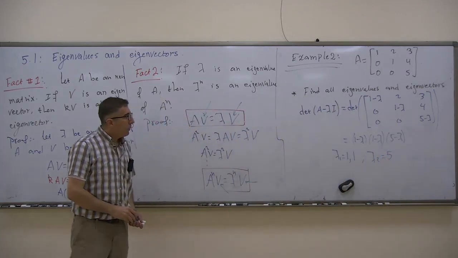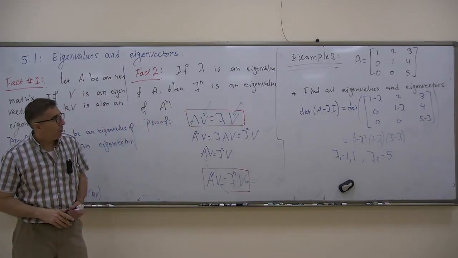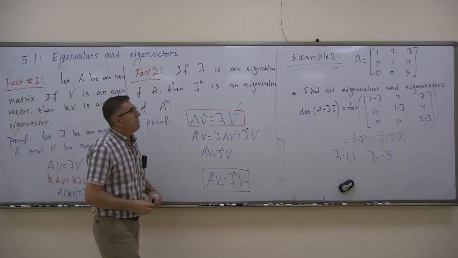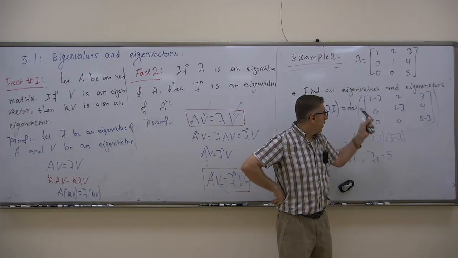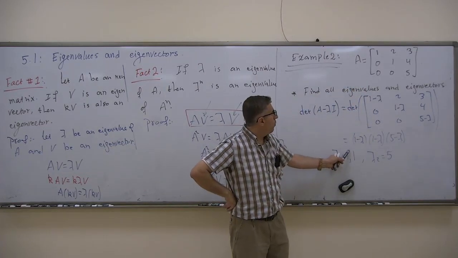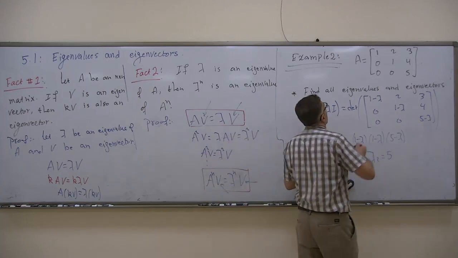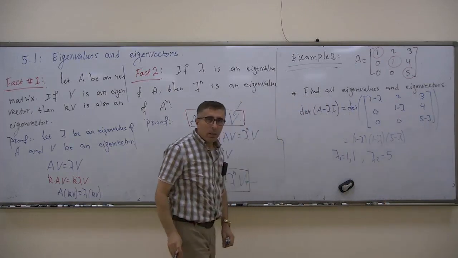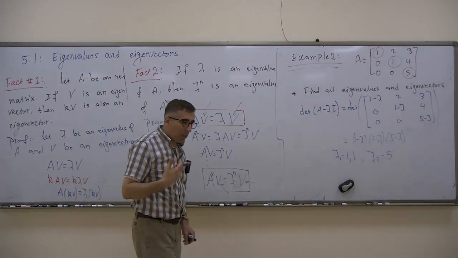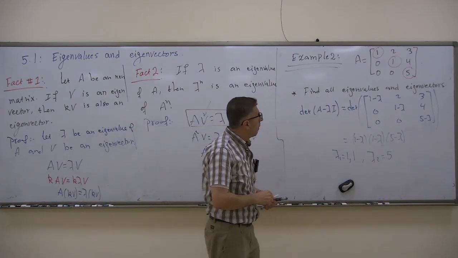Okay? So now, before I go further, I want to stress something. This matrix is a triangular matrix. Now, look at the eigenvalues. 1, 1, 5. What are those? So, can we make this a general rule?